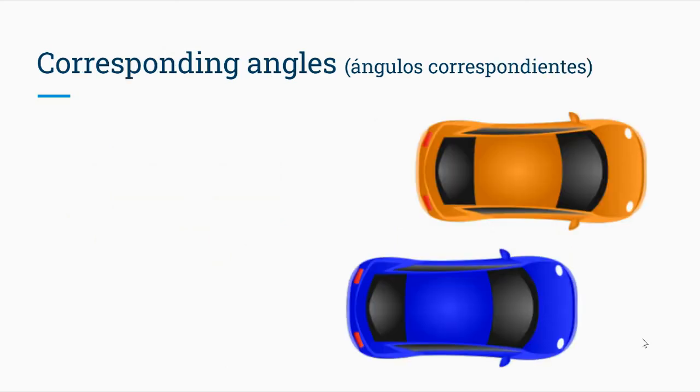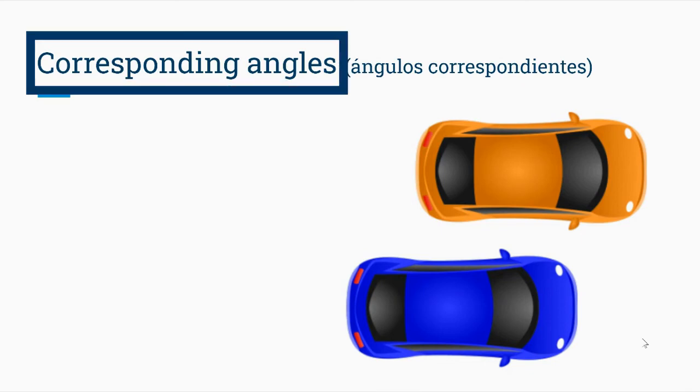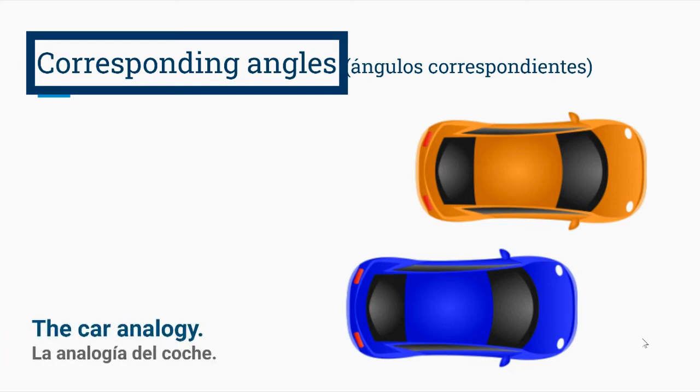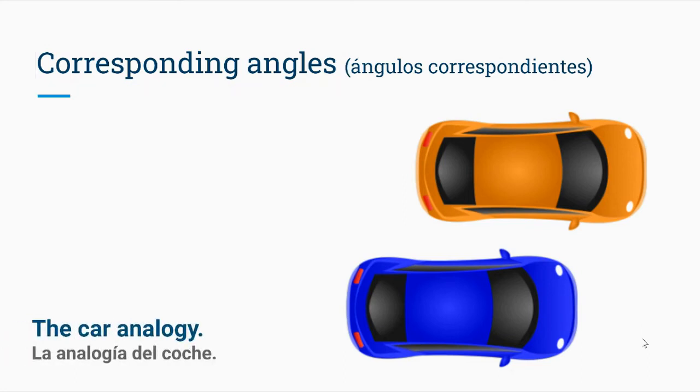And finally, our last relationship, corresponding angles. To explain corresponding angles, I would like to use a car analogy to help us. Imagine two cars in traffic side by side. Now imagine that there are 4 people inside the first car. One of them is the driver, the other is the co-pilot. One is sitting behind the driver and the other behind the co-pilot.